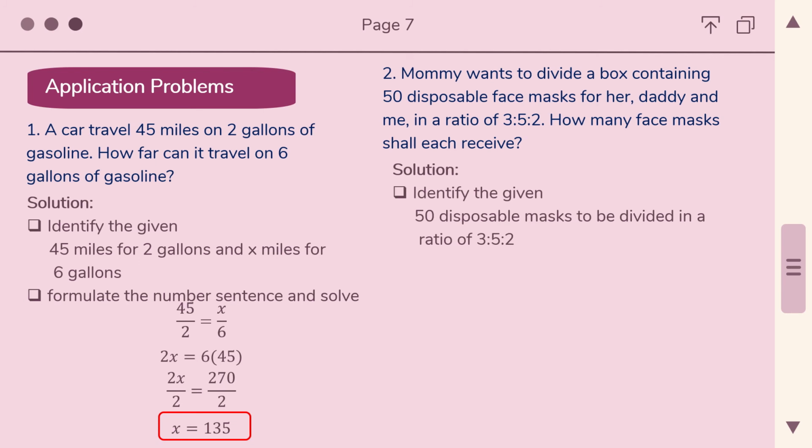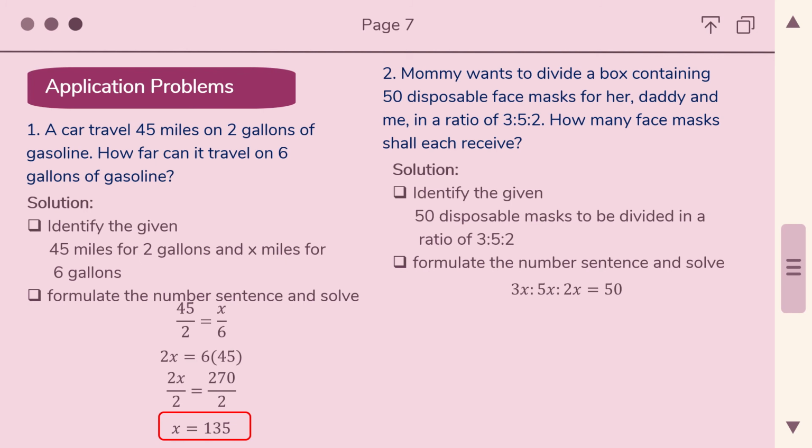So unsa man yung 3:5:2, sir? Mao na siya ang gidaghanon sa pagbahin sa 50 ka mass. Pero dili gina siya nga 3 ka mass, 5 ka mass, ug 2 ka mass, ha. Ang proportionality na siya ang ipasabot. Next is to formulate the number sentence and solve. So how do we solve?